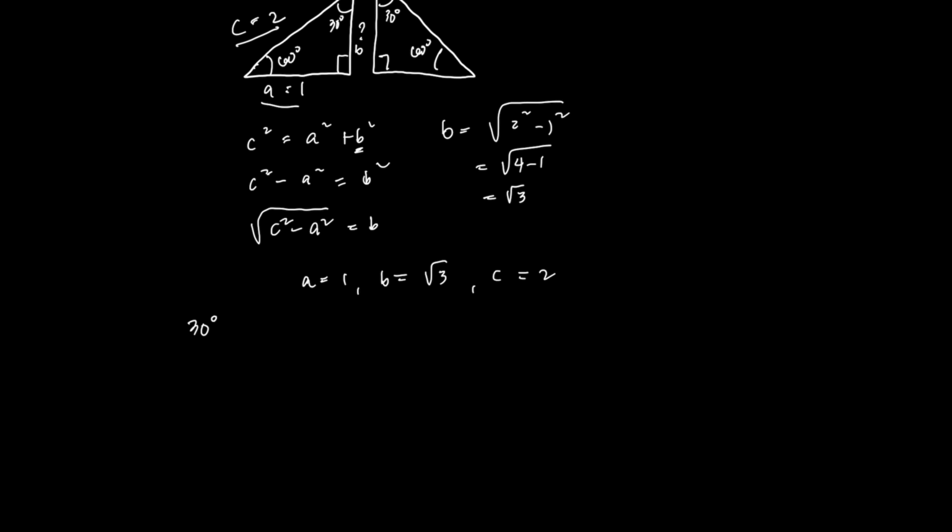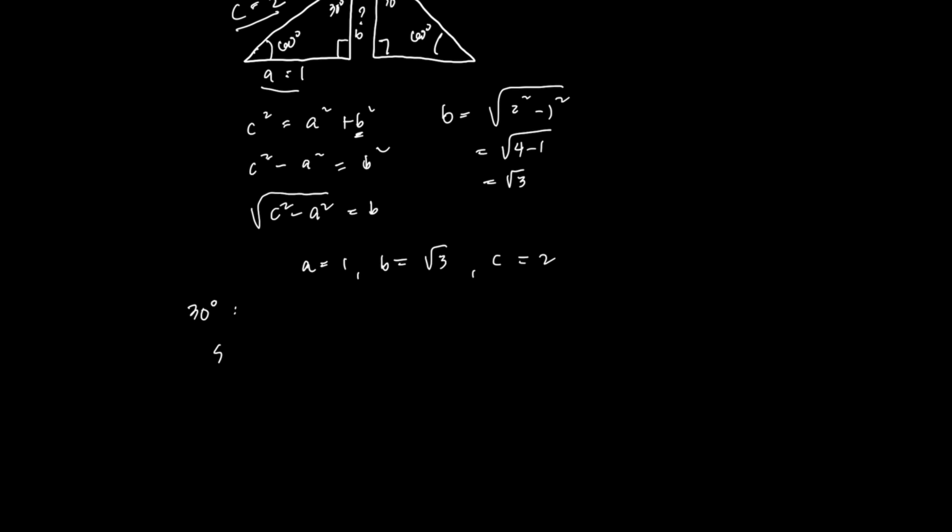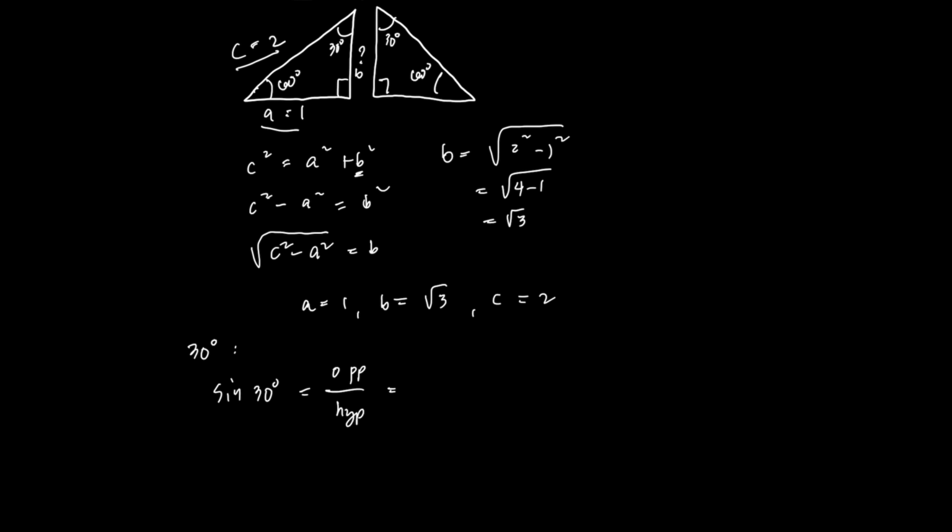First, for the 30 degrees. Sine 30 degrees is opposite over hypotenuse. And what is the opposite side of our 30 degrees here? The opposite side is 1 and hypotenuse is 2. So sine 30 degrees is 1/2.